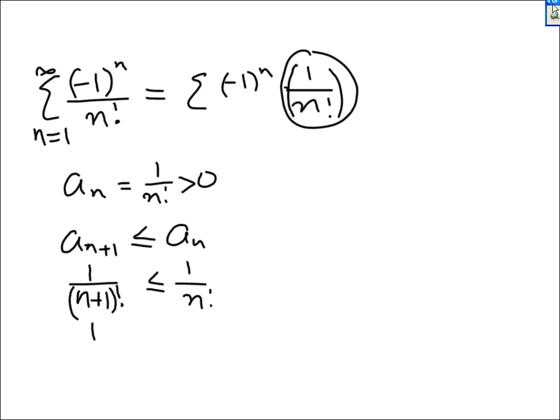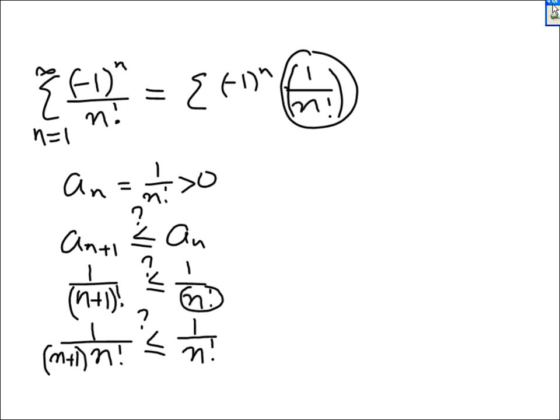Well, n plus 1 factorial is n plus 1 times n times n minus 1 times n minus 2 times n minus 3. It's n plus 1 times n factorial. Is that less than or equal to 1 over n factorial? Sure.